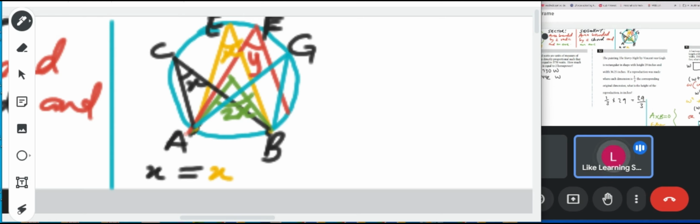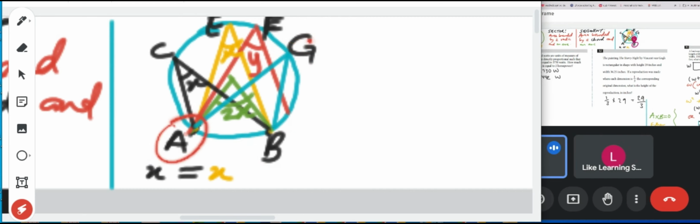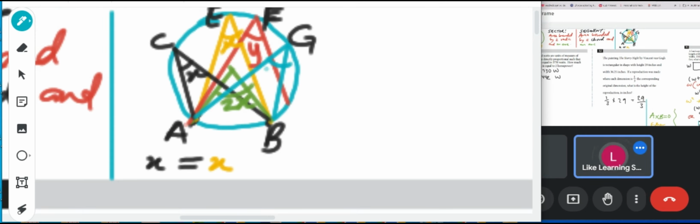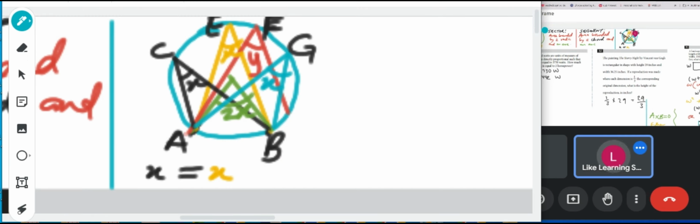What can you say about angle AGB? It is in the same arc, you're right. It's subtended by the same arc, so it will have the same value too. So AGB will also be X. So this X here for black is X here for yellow, is X here for red, F for blue.